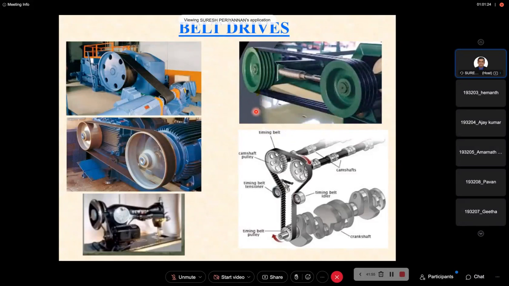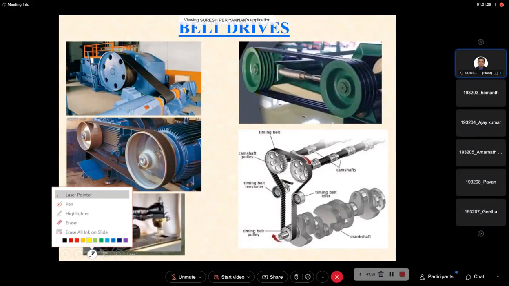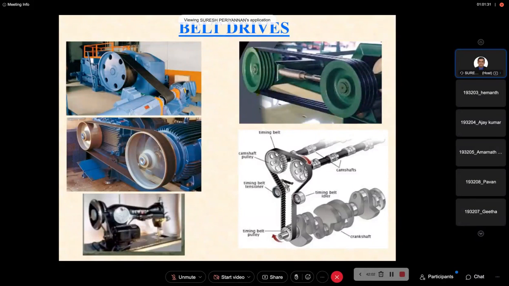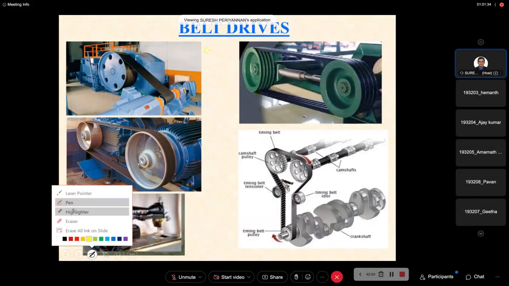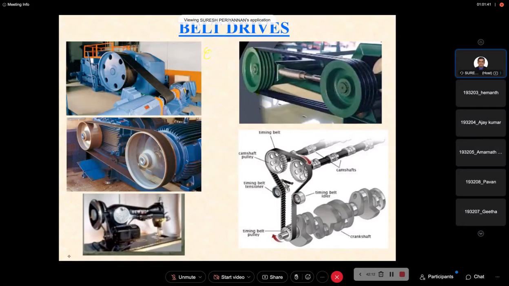And grip is one of the important mechanical properties. There is less grip in the flat belt, so slip effect is there. In the V belt the coefficient of friction is always high and the grip is high.